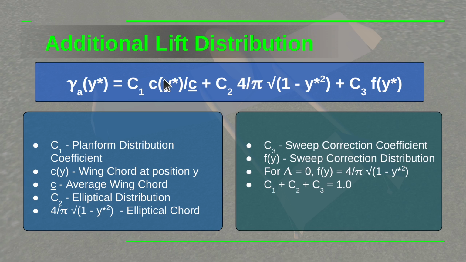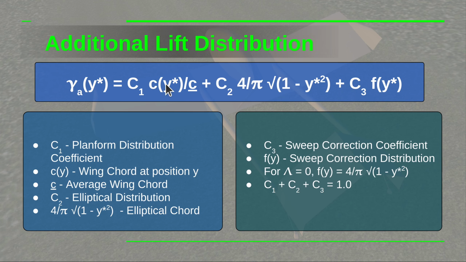C1 multiplied by a local chord divided by average chord at some position along the span, and we're interested, at least at this moment, in a span from 0 at the root to 1.0 at the tip. And then we've got C sub 2, another constant, multiplied by the elliptical distribution. And then C sub 3 multiplied by some sweep correction factor. So that's what this spreadsheet is going to be doing initially. And then we multiply by the angle of attack and the lift slope.